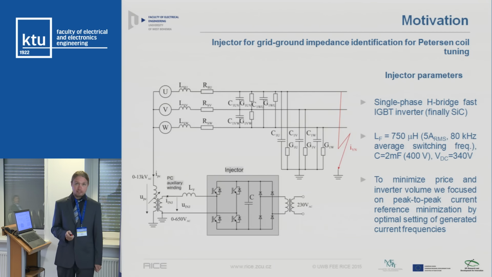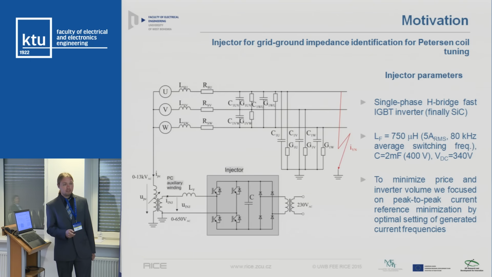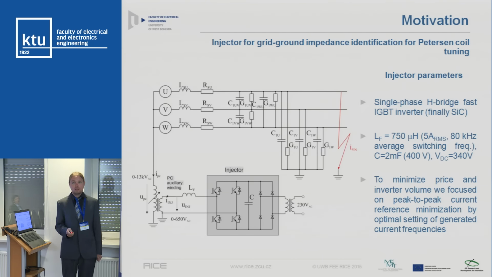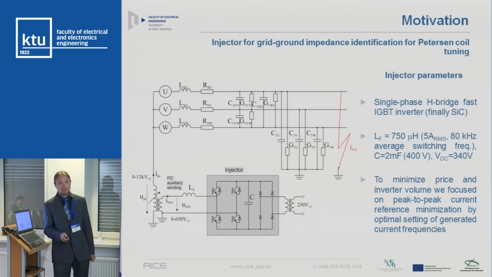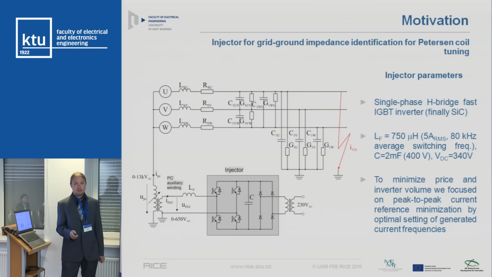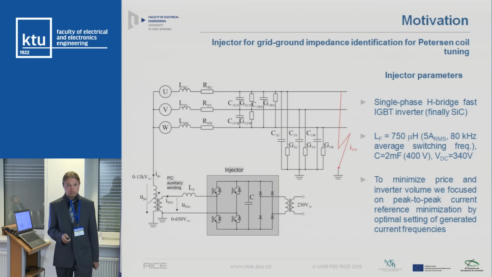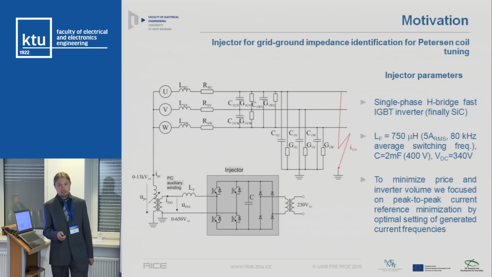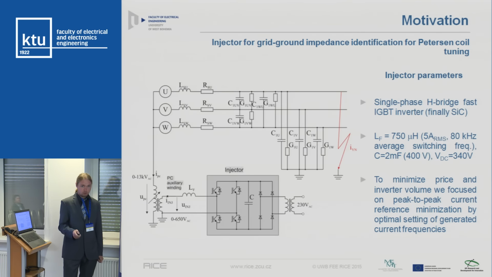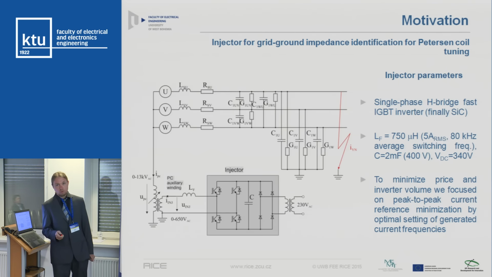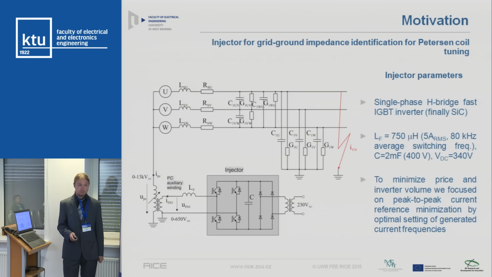So we have relatively large losses in the core of this filtering inductance, and our DC link capacitor is around 2 millifarads with 400 volts on the DC side. We control the DC voltage by a chopper, which controls our DC voltage to 340 volts maximally.